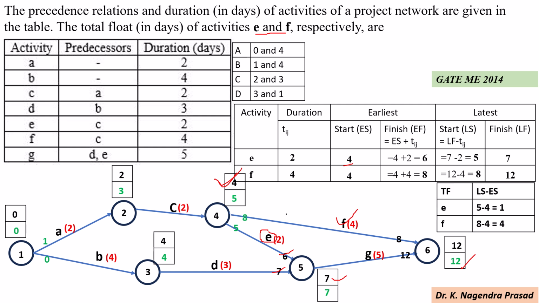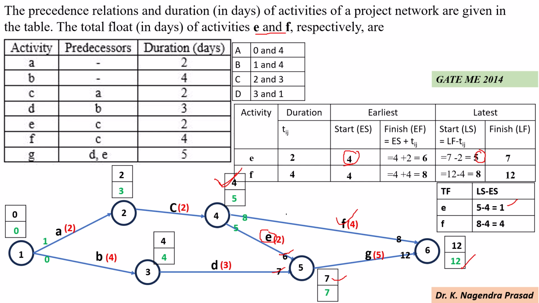And we know the total float is the difference between the latest start time and the earliest start time. Observe here for activity E, the latest start time is 5 and the earliest start time is 4. So total float equals 5 minus 4, which equals 1.